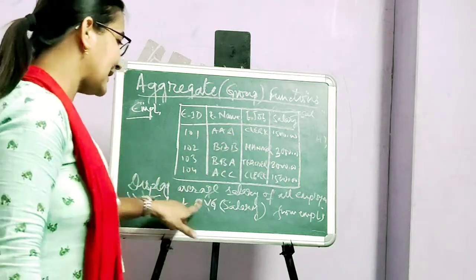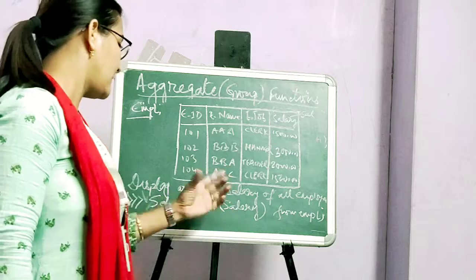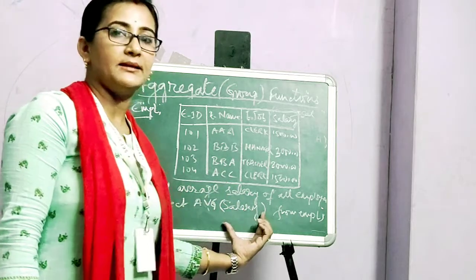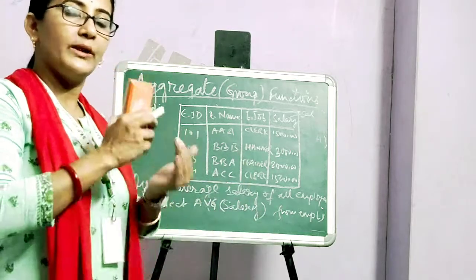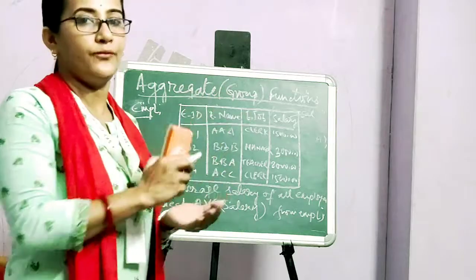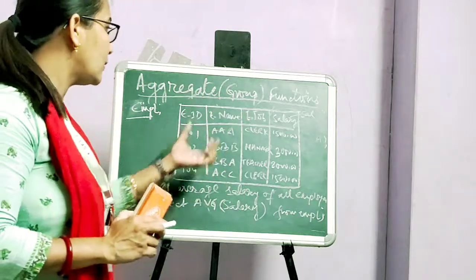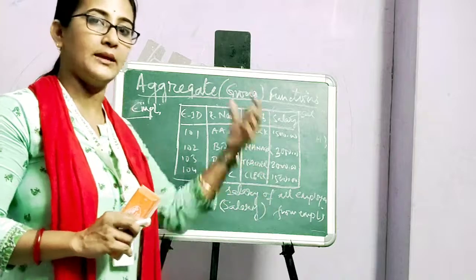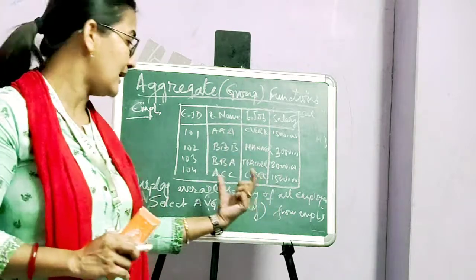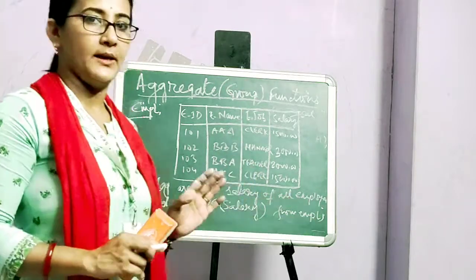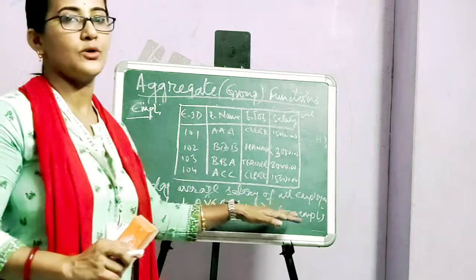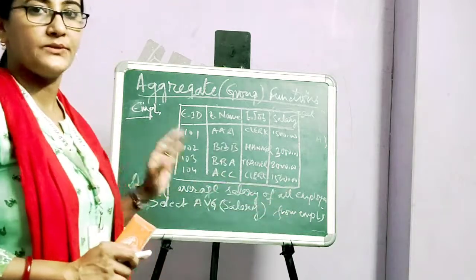In the bracket you write the column name whose average you have to find, from EMPL. Clear? So this is how we use the average function.